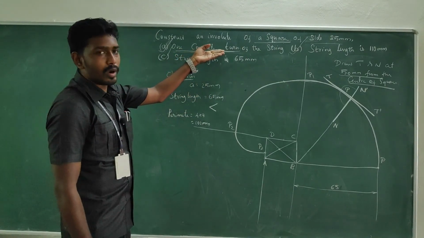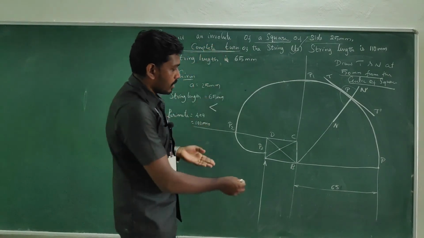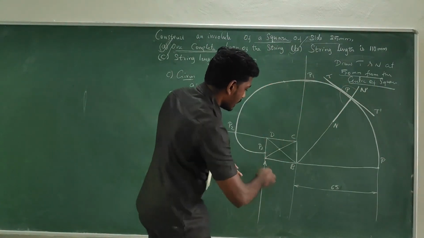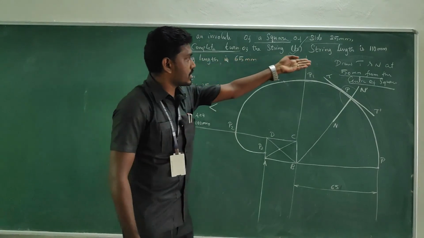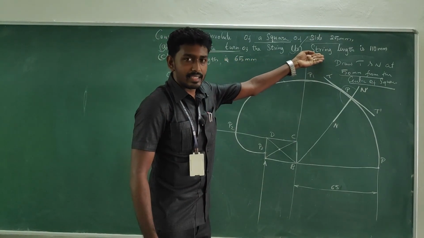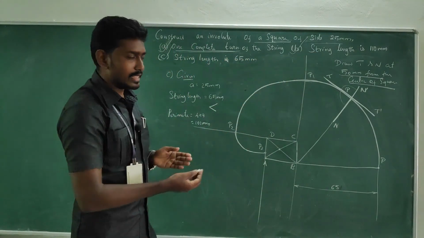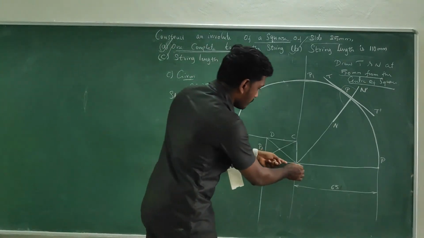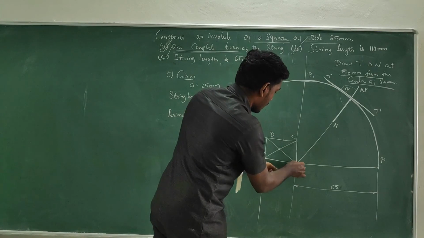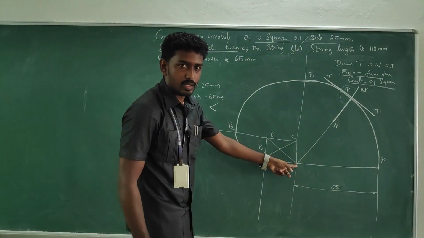So think about the first condition. It is given for one complete turn. At that time, when the string length is 110, which exceeds the perimeter, that means one turn, it exceeds at the B point, right?